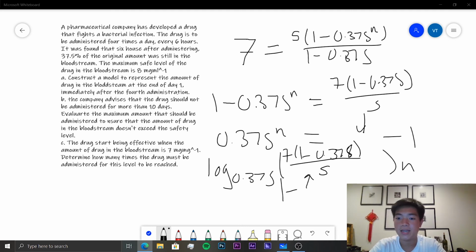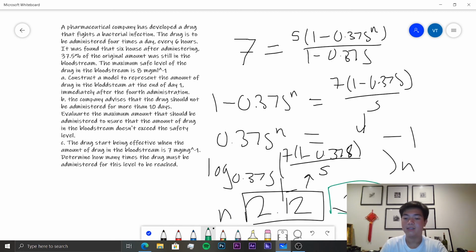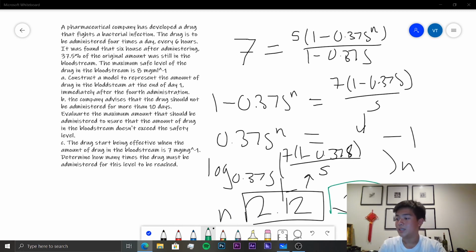And we do get an answer for that, and we need to divide that by the logarithm of 0.375. And we get n as 2.12 by my mark. So at least 3 doses need to be administered before the necessary dosage is reached.